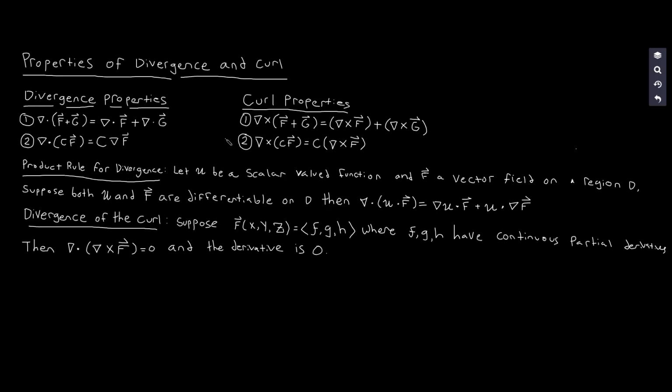The product rule for divergence: if we let u be a scalar valued function and vector F a vector field on region D, suppose both u and F are differentiable on D, then del dot (u F) equals del u dot vector F plus u times del dot vector F. The divergence of the curl: if vector F equals (f, g, h), where f, g, and h have continuous partial derivatives, then del dot (del cross vector F) equals 0.